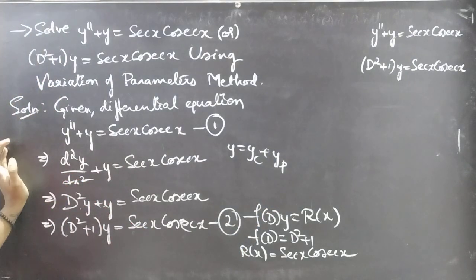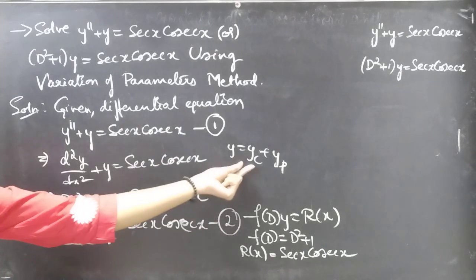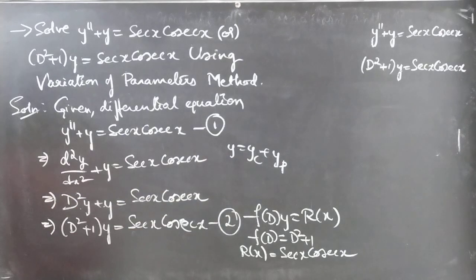The general solution is given by y equal to yc plus yp, and we'll get yc using the auxiliary equation, and later using yc we'll write yp and we'll use some formulae.